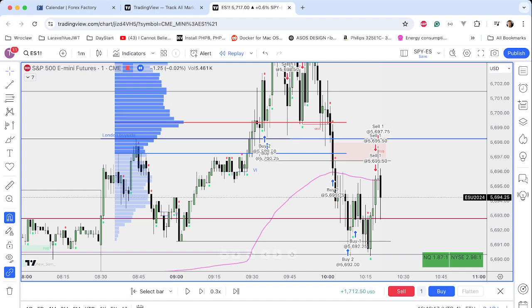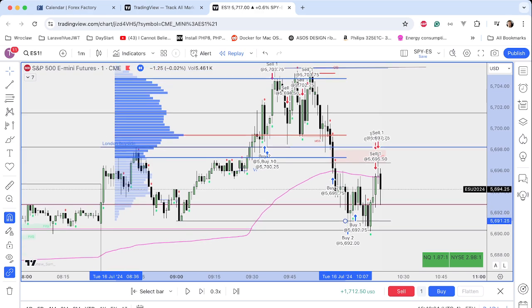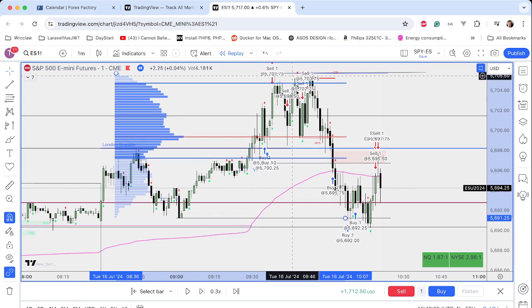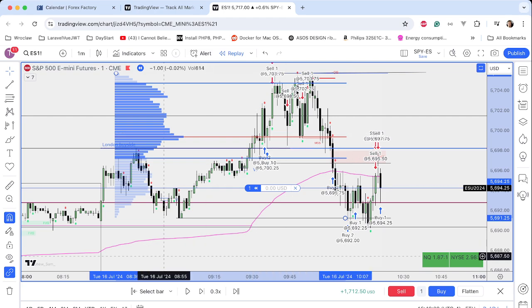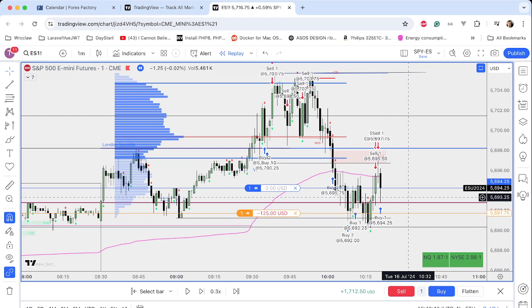So at this point, the market has got everything, all the longs. And I would just go one contract here. Stop loss probably somewhere here. I mean, the ideal catch would be off that level here.